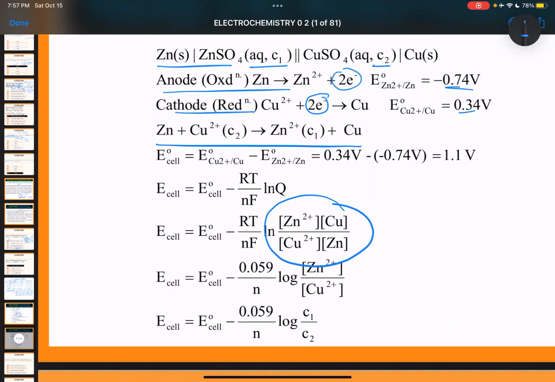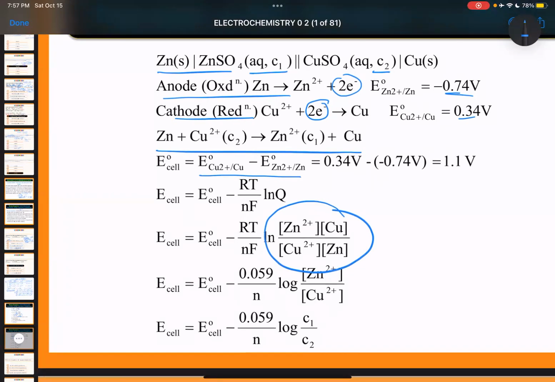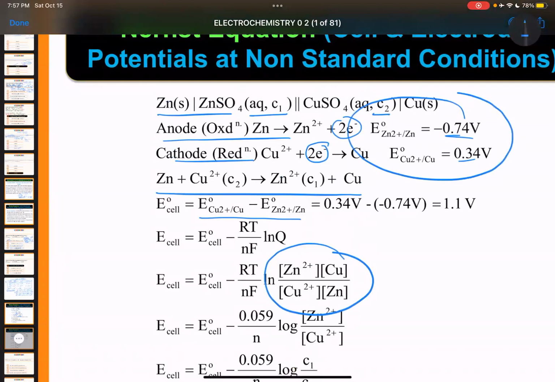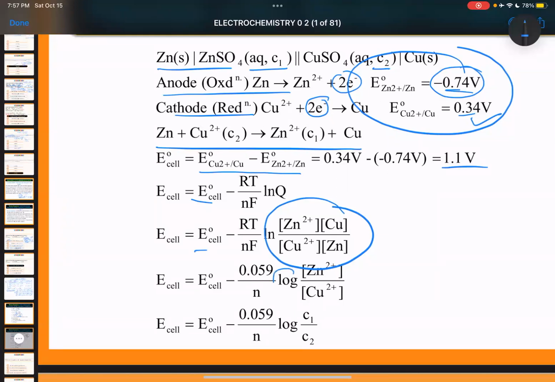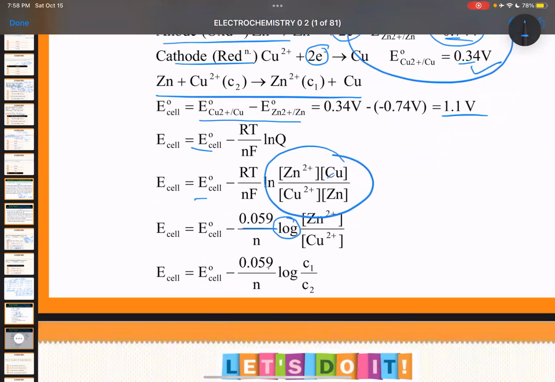So E naught cell you can calculate from the E naught values. Take the difference, cathode minus anode, so it is going to be 1.1 volt minus RT by nF. Change the natural logarithm to log to the base 10. This is 0.0591 by n. You don't take the concentration of solids, because the concentration of solids doesn't change, it remains the same.